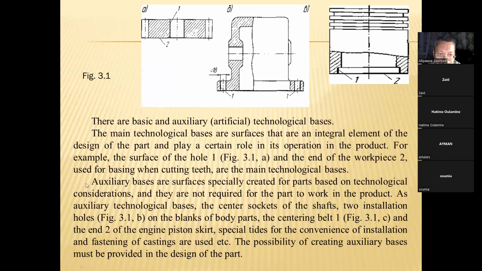Auxiliary bases are surfaces specially created on parts based on technological considerations, and they are not required for the part to work in the product.